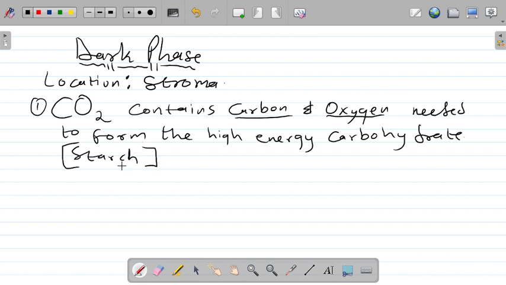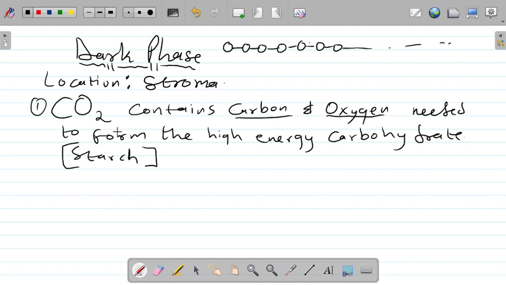But wait, where does starch come from? From glucose. How? Remember, starch is one glucose bonded to another glucose, to another glucose, and so on. Basically, long chains of glucose is starch.